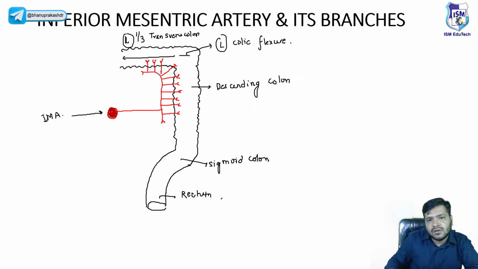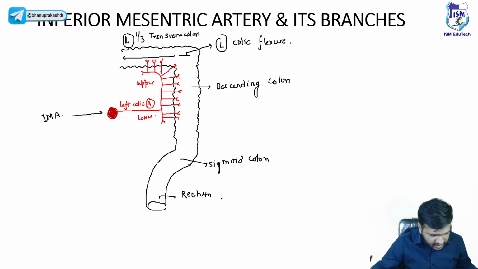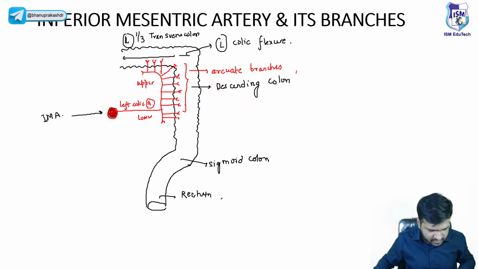These are the upper branches, and these are the lower branches, and they again give these small arcuate branches.